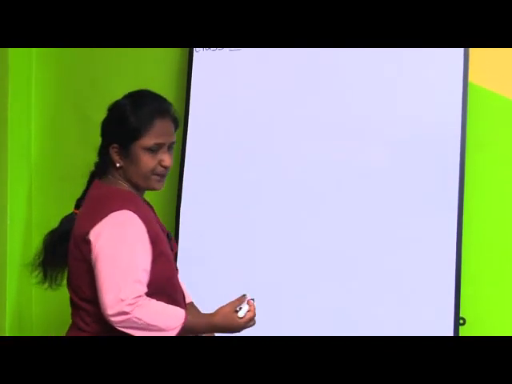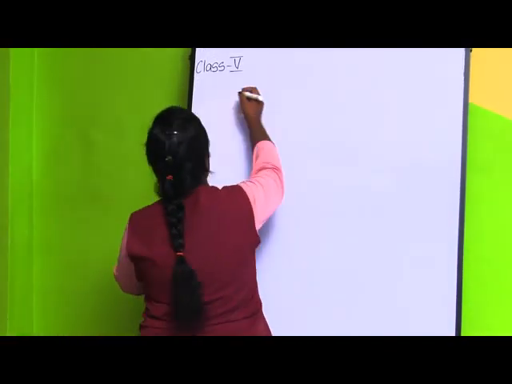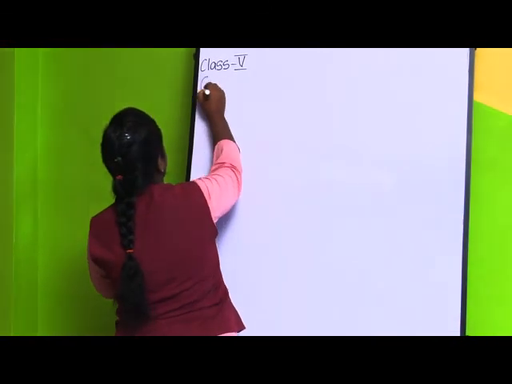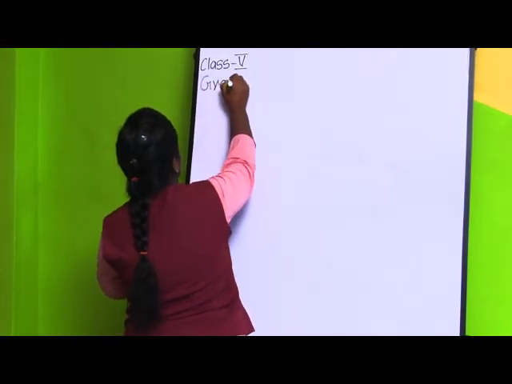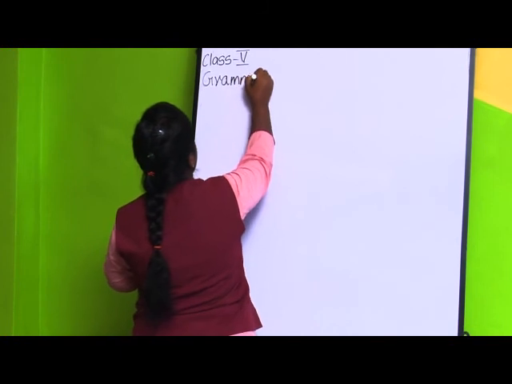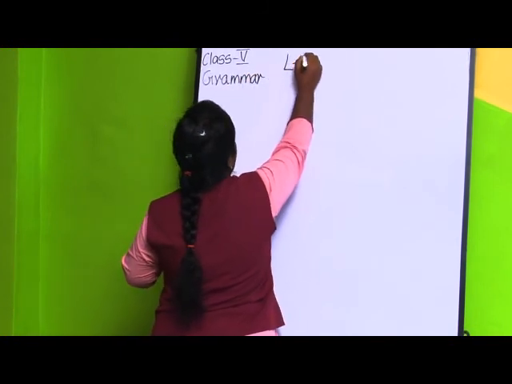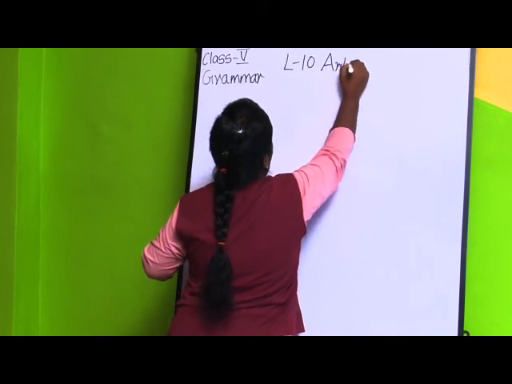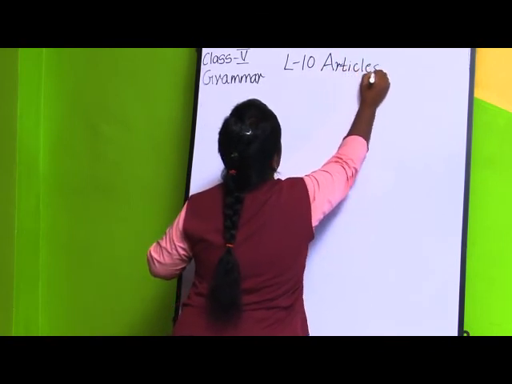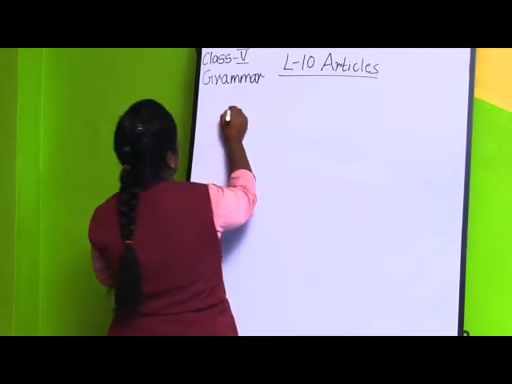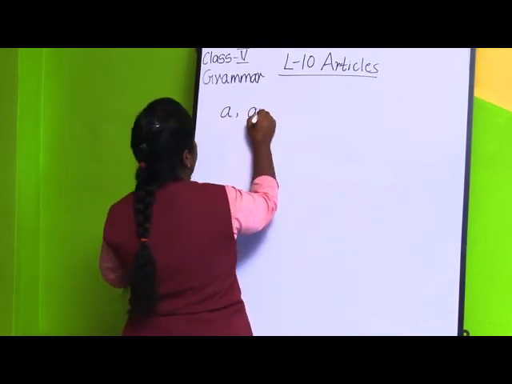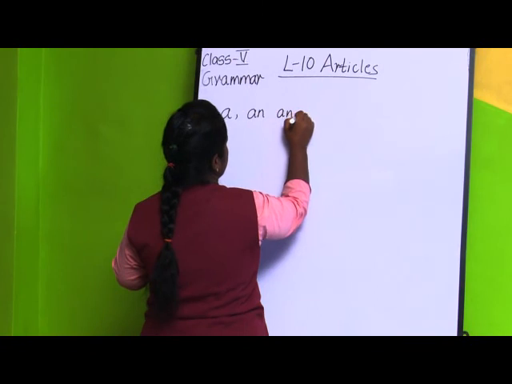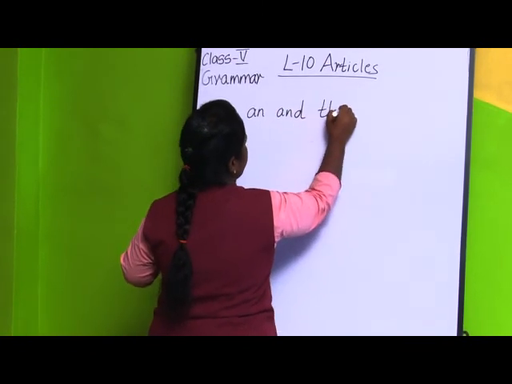See, once again I will write all the rules about articles. Lesson number 10, that is articles. So articles: a, an, and the, these are the three articles.